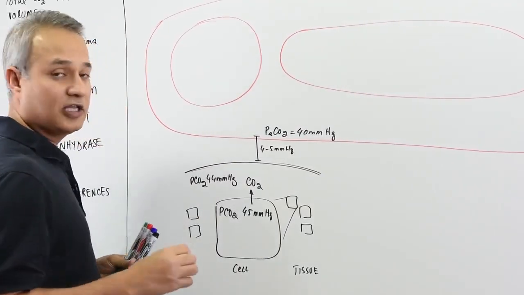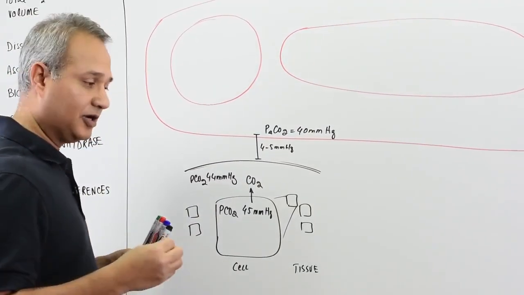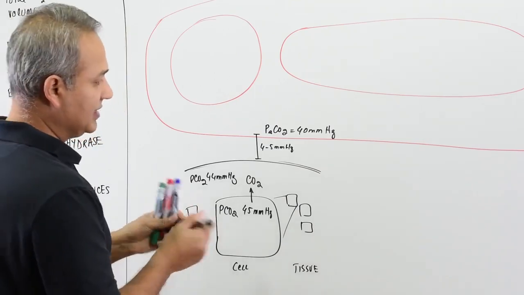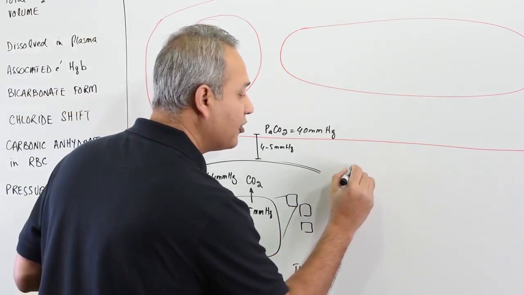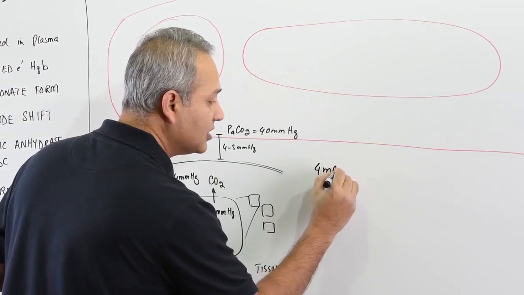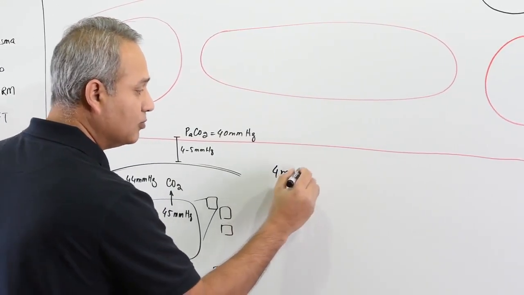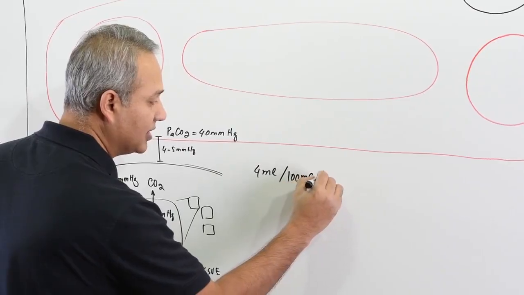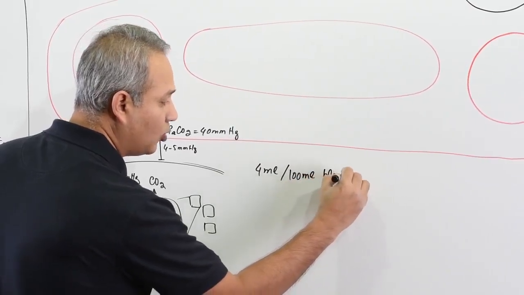Let's see what are the three forms of carbon dioxide. Let's handle them one by one. Before that, keep this in mind that we have 4 milliliters of carbon dioxide moved per 100 milliliters of blood. What does that mean?